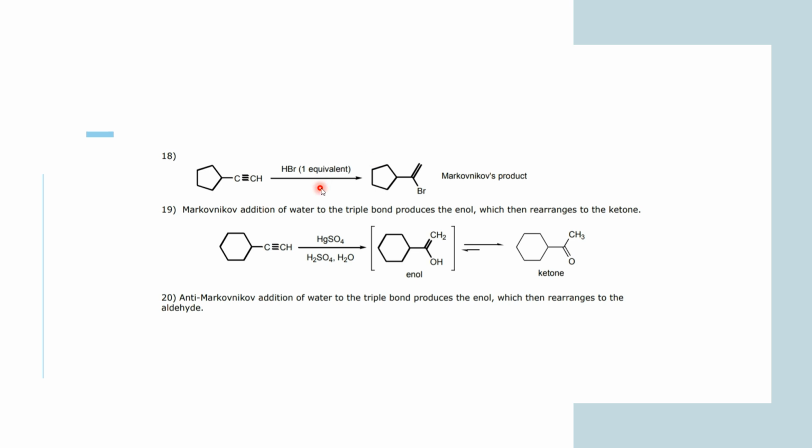And the equivalent of HBr also matters for such reactions, because if you add excess of hydrobromic acid, the product will not stay in this alkene stage. It will further react with proton, forming a carbocation on the more stable carbocation center, and then one more bromide ion can neutralize the carbocation.